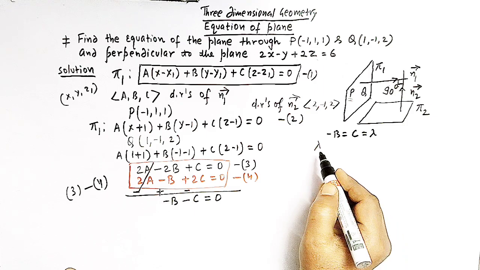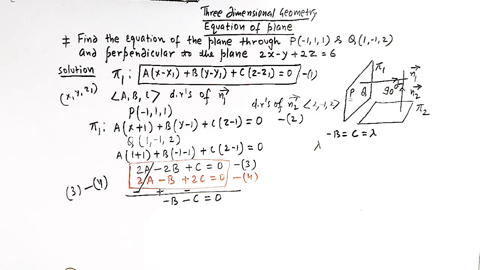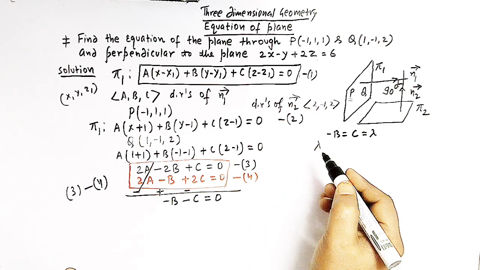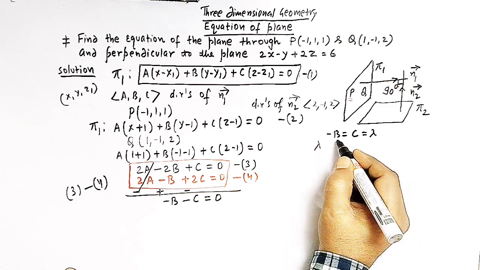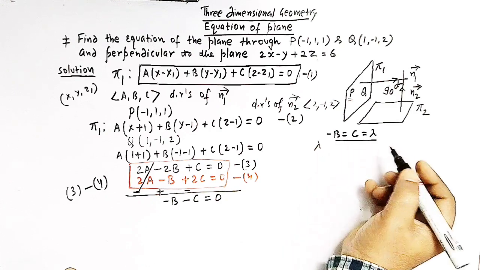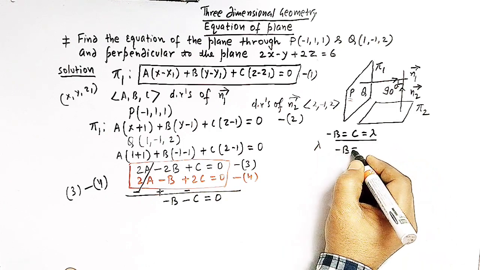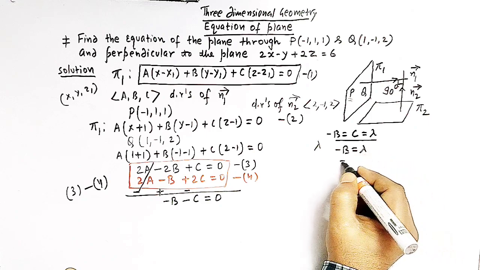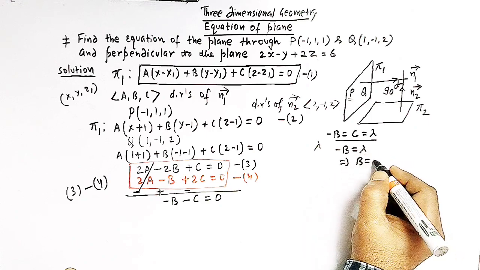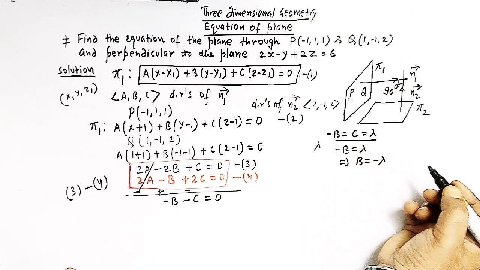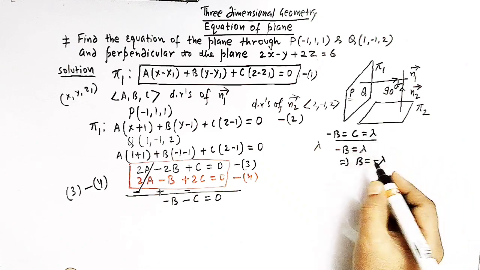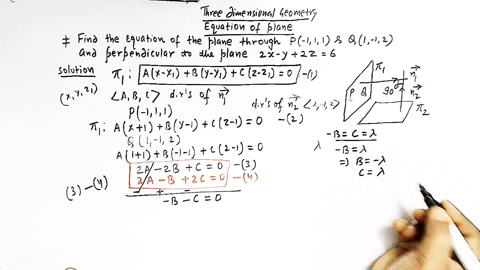And remember here lambda is not equal to 0, that is it is a non-zero, right? So from here we can obtain minus b is equal to lambda, so that b is equal to minus lambda, and then c is equal to lambda, right?